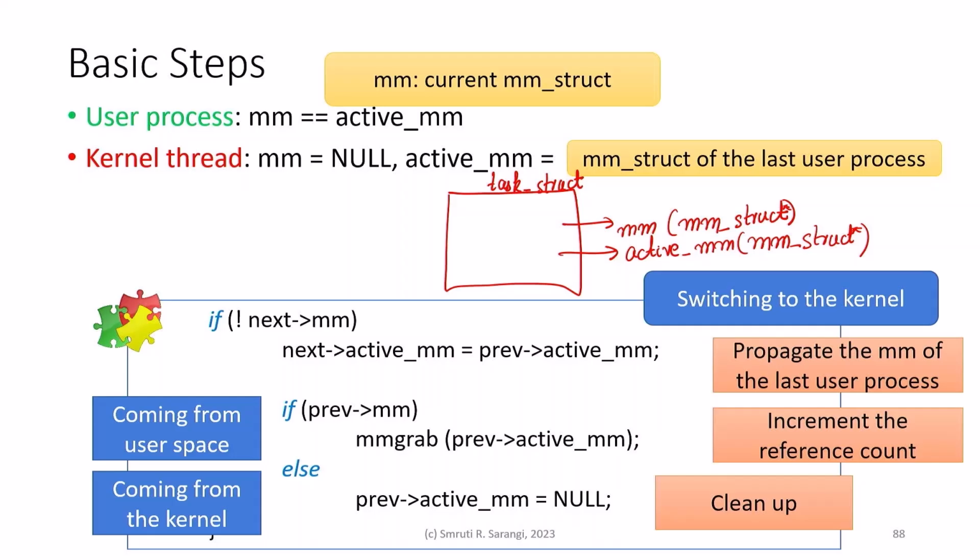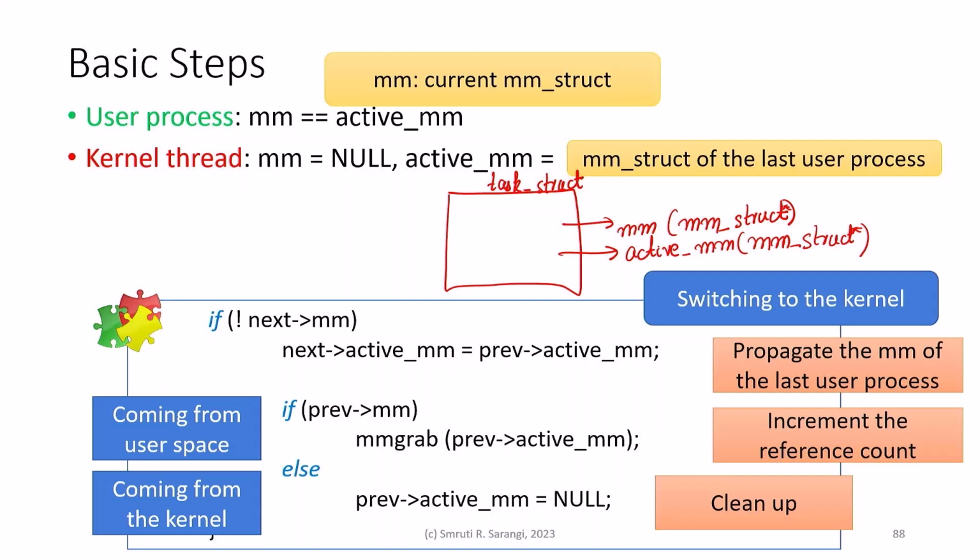What do they need it for? Because mm_struct's main job is what? To maintain a pointer to the page table. To basically have a list of all the virtual memory regions, so on and so forth. But that is anyway common for the kernel space system-wide, right? So you don't need a separate structure for every thread. That is why mm is null.